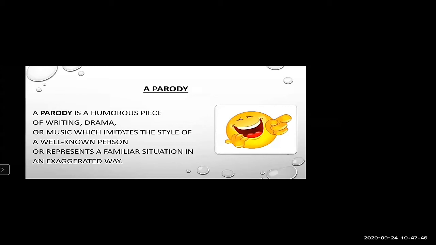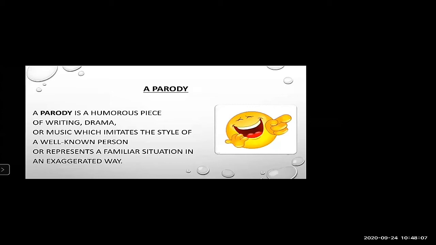Here in this lesson, in this poem, we are going to see a parody of the previous poem, that is How Doth the Little Busy Bee. The parody of this we are going to see in this part.